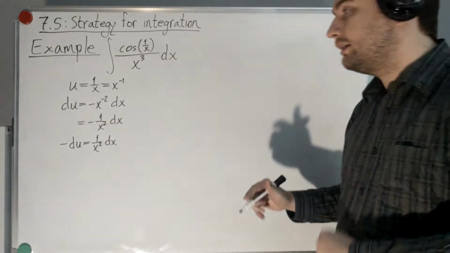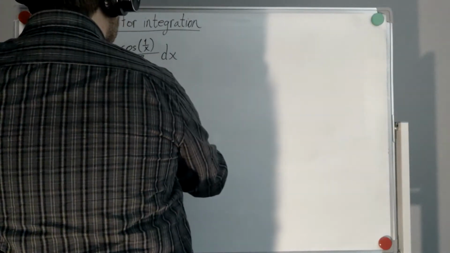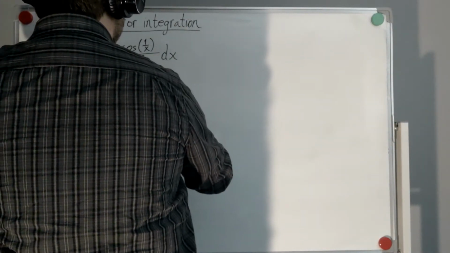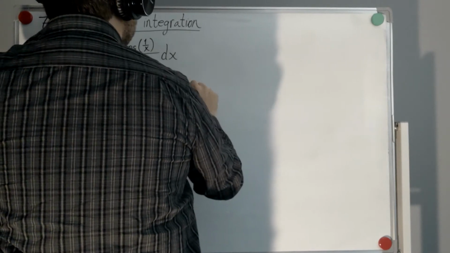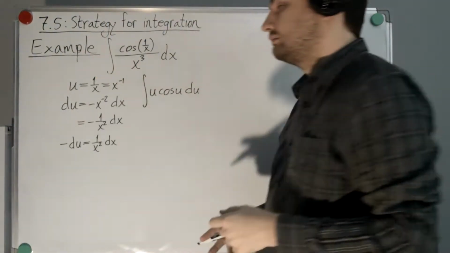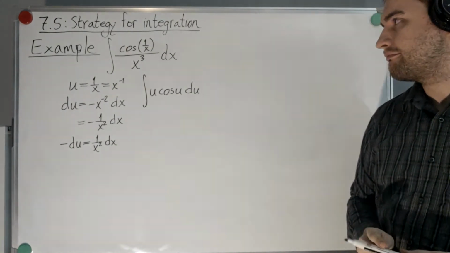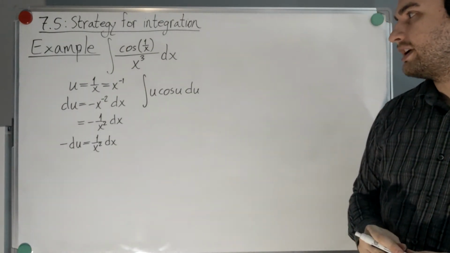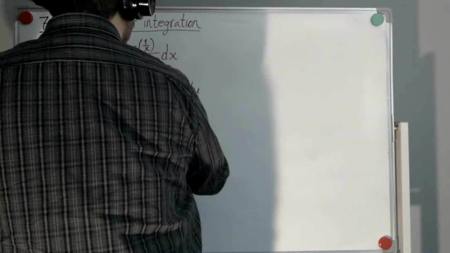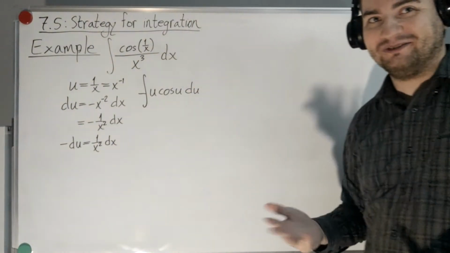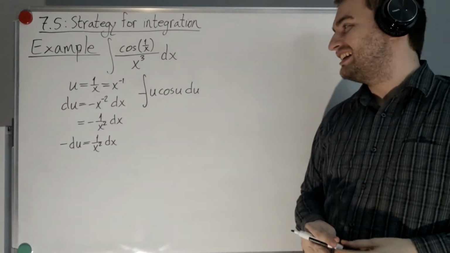So this same thing can be written as integral of u cosine u du. Actually, there's a negative sign. There we go. Negative u cosine u du. All right.